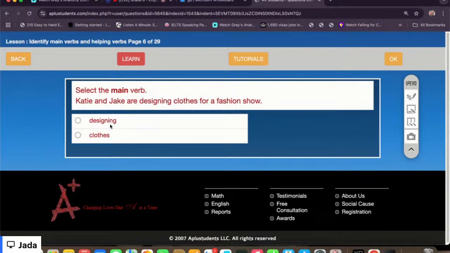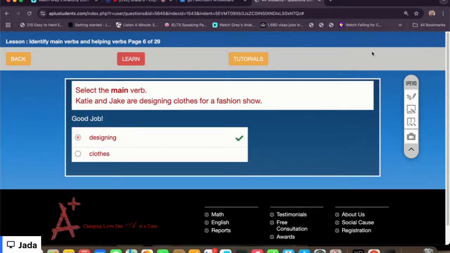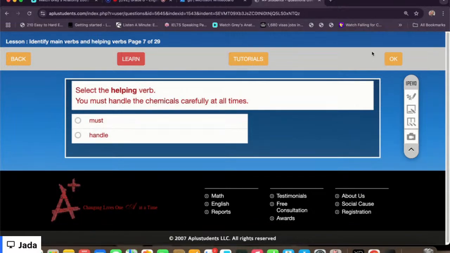Okay, so we have designing as the main verb. You must handle the chemicals carefully at all times.